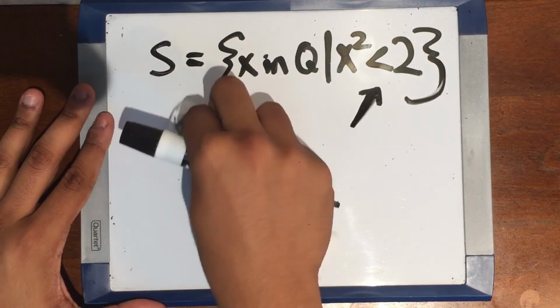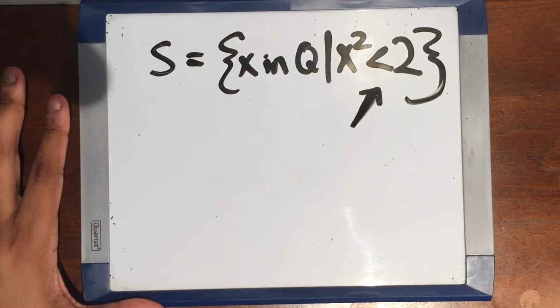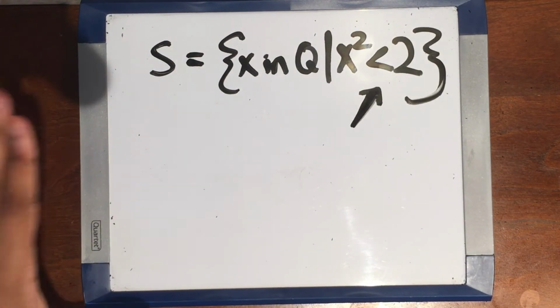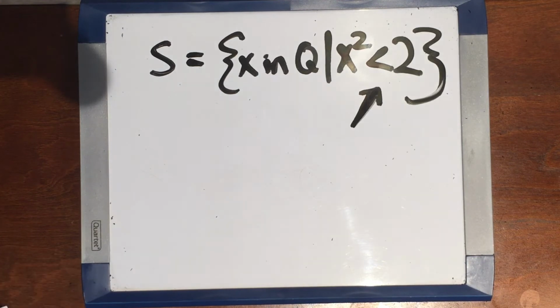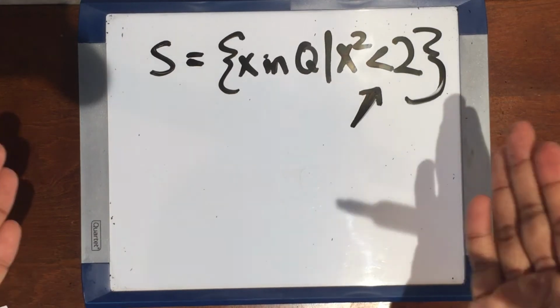Okay, so there must exist a set of numbers that are greater than all the elements in the set that we have.